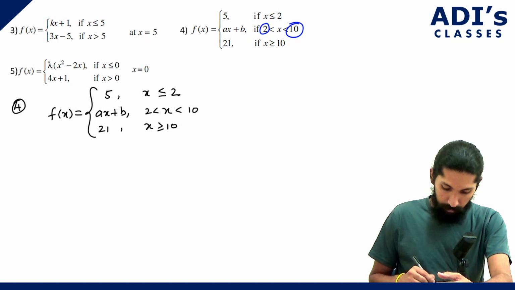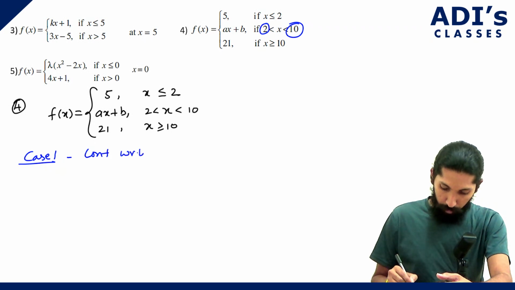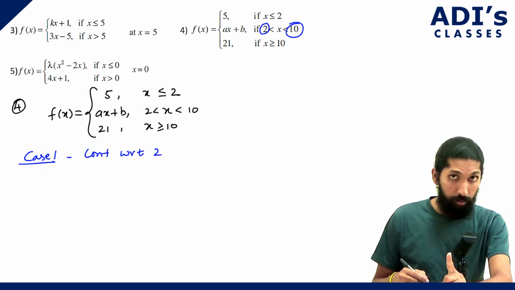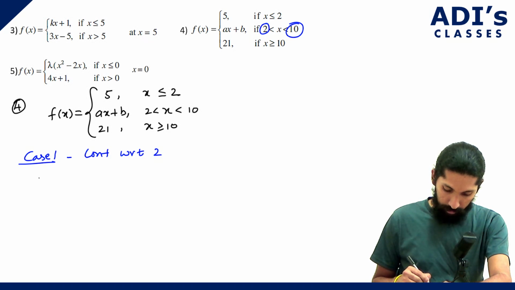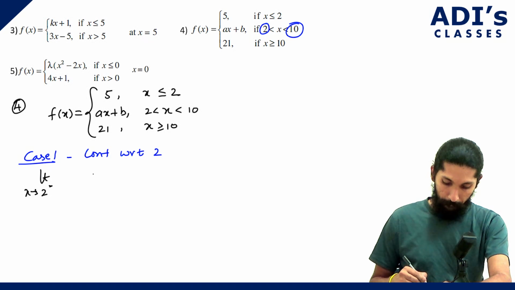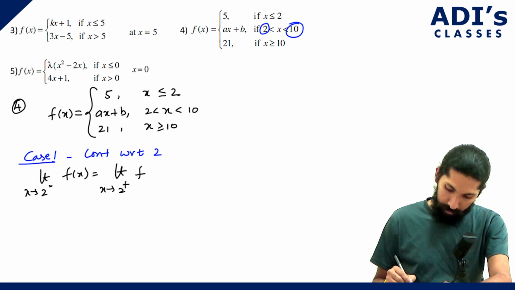So in the first case, we'll call it case 1. This is the continuity with respect to 2. Alright, first condition. So here we take LHL, that is limit as x tending to 2 minus f of x is equal to limit as x tending to 2 plus f of x.